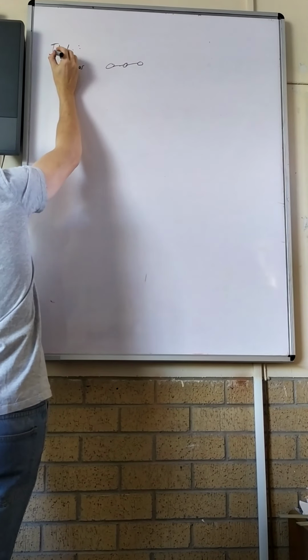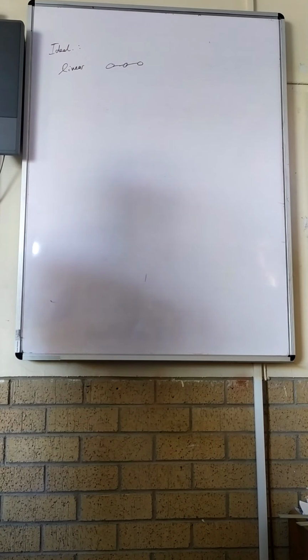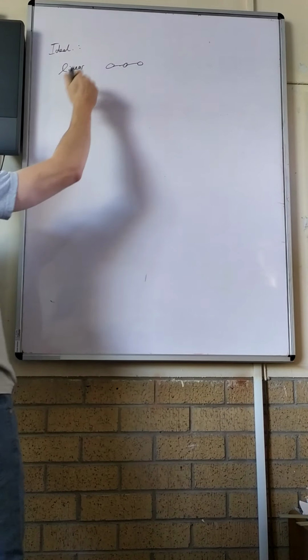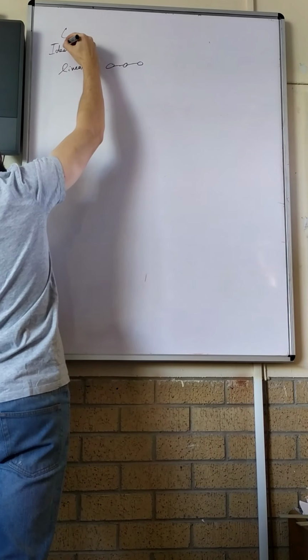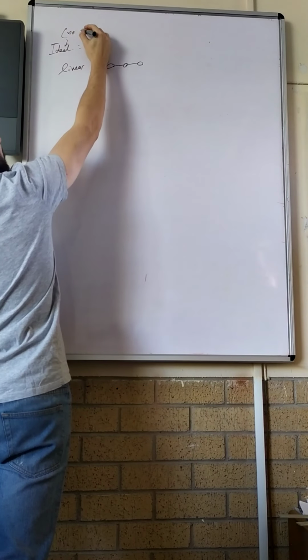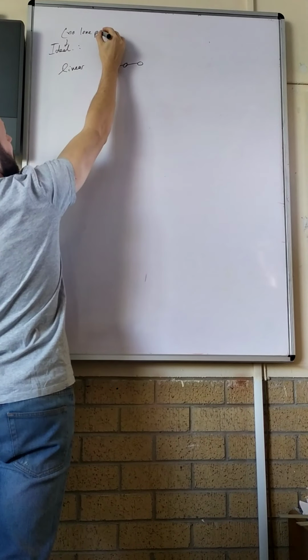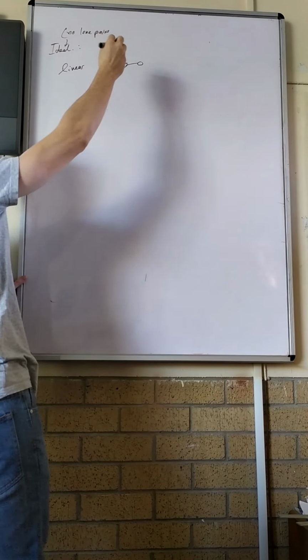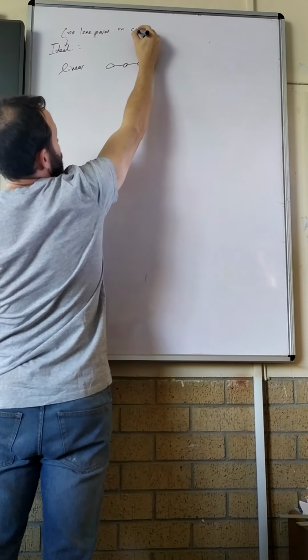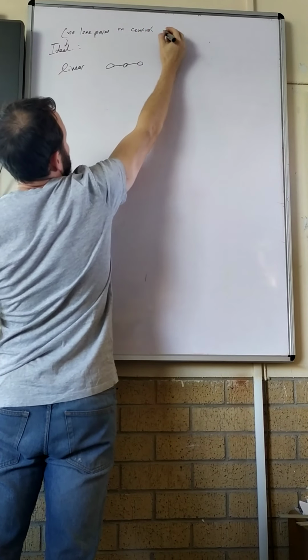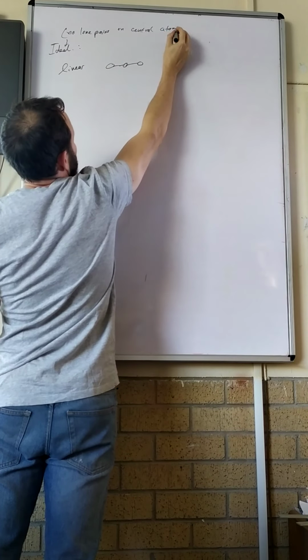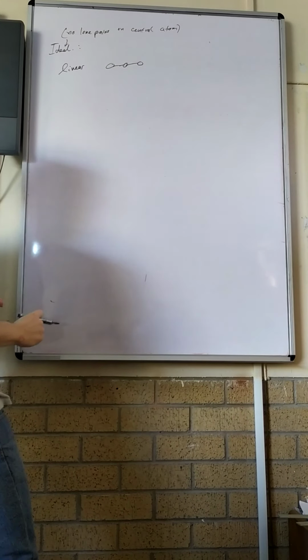It's a type of shape. What makes them ideal? I'll put in brackets here. You get ideal shapes when you have no lone pairs on the central atom. Okay, so the atom at the center, they must have no lone pairs.